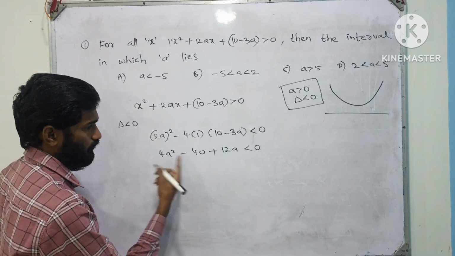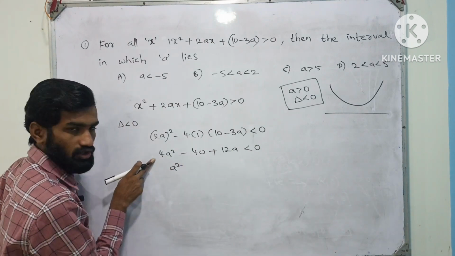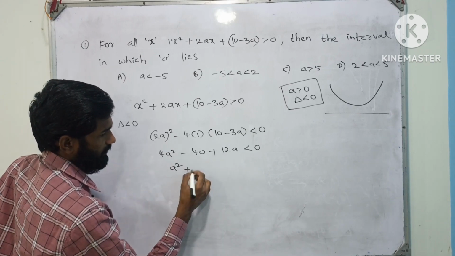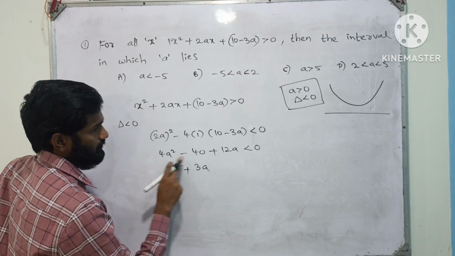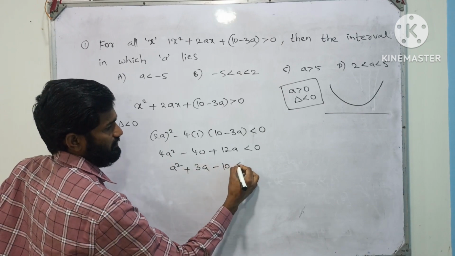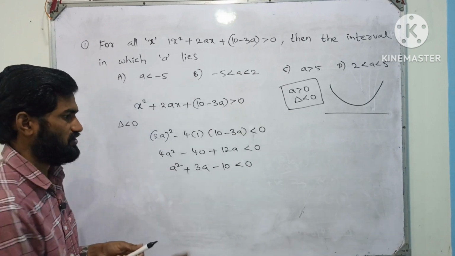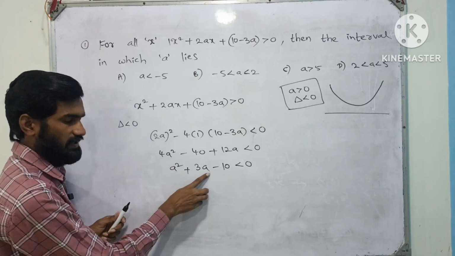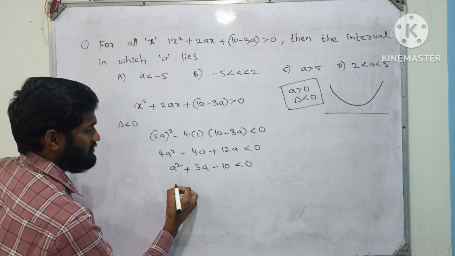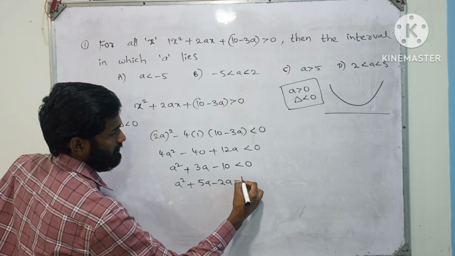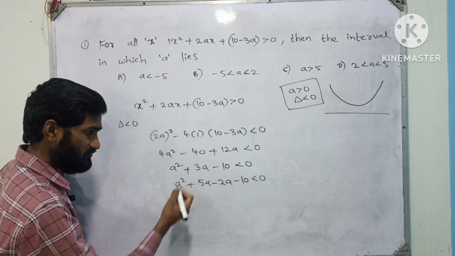In this, 4 is common, so if I take 4 common, what I will get? a squared plus 3a minus 10, which is less than 0. Now what are the roots for this equation? 5 2s are 10, and here we are having 3, so we can easily take plus 5a minus 2a minus 10, which is less than 0.